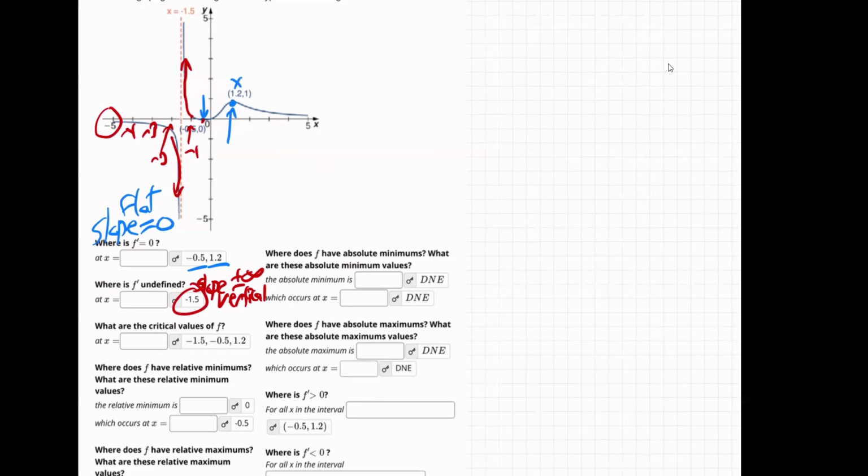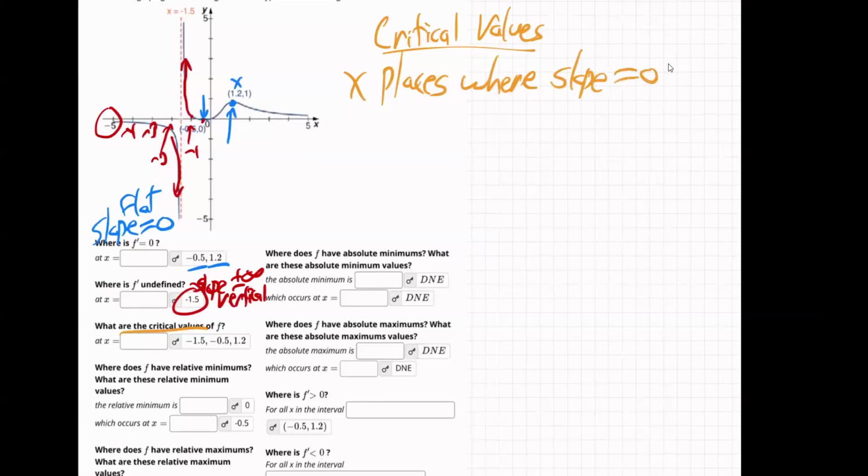And then it asks, okay, what are the critical values? Well, that's just those put together. Let me just write that for you. It's one of the important terms in this section. Critical values, they're all the x places where the slope is 0 or plus or minus infinity, meaning it's flat or it's vertical. Those are all called critical places. So you just put together these answers and these answers, and there's three answers altogether, any order.